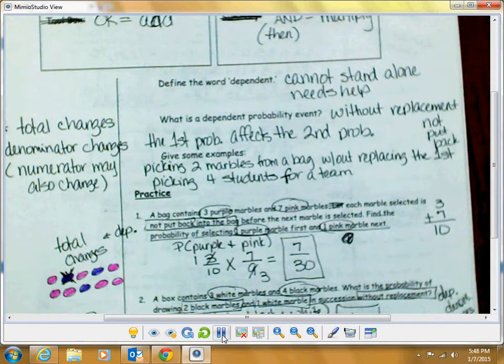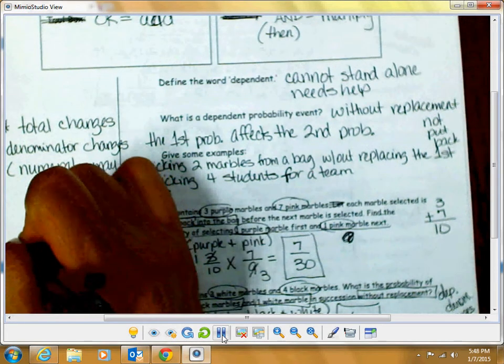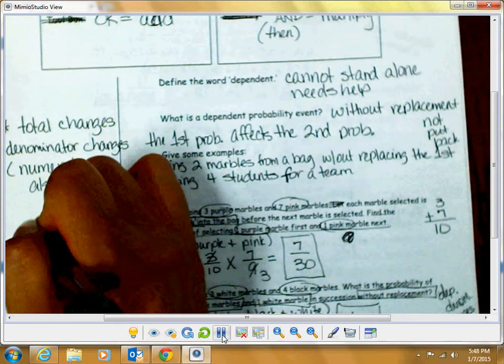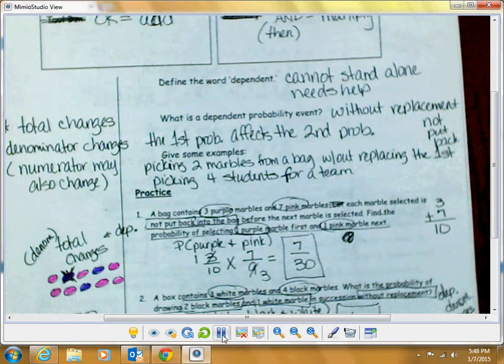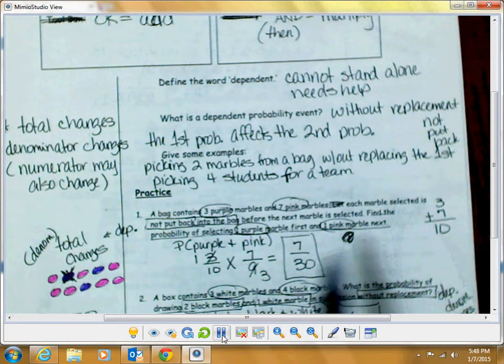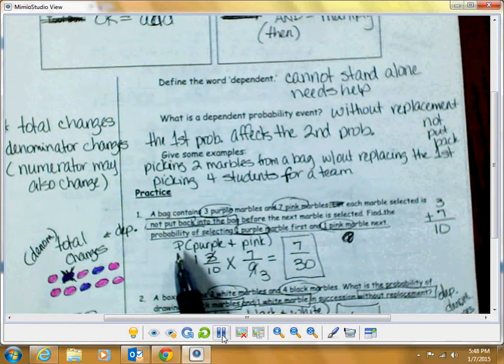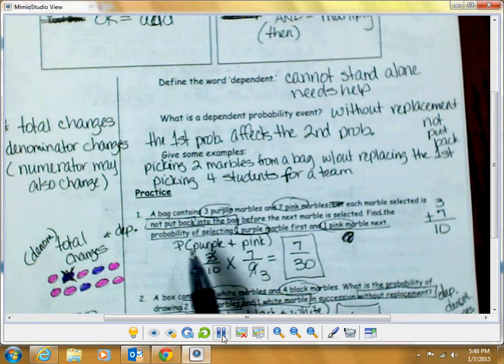So because it's dependent, that means your total changes, or your denominator changes. So we're looking for the probability of selecting 1 purple and then 1 pink next. So that's why we put the probability in parentheses, purple and pink.